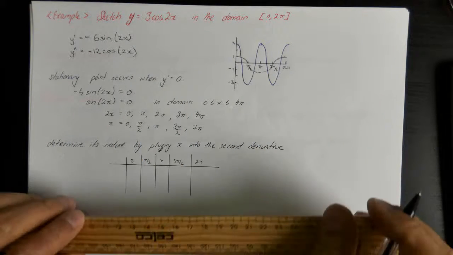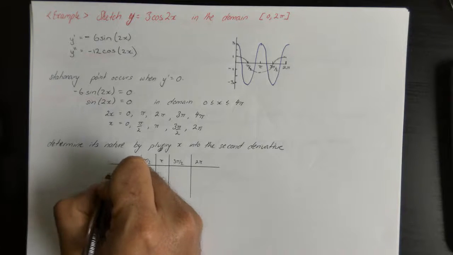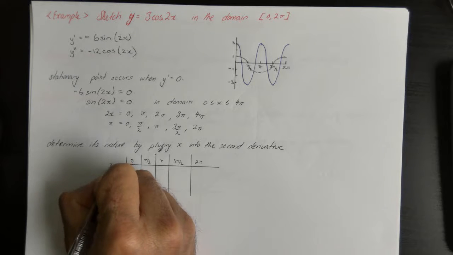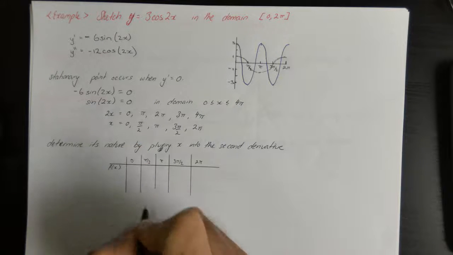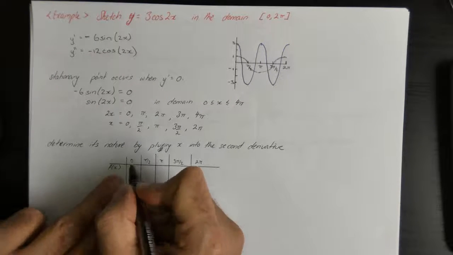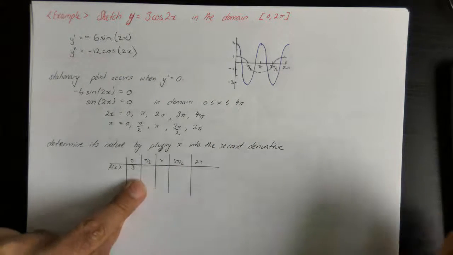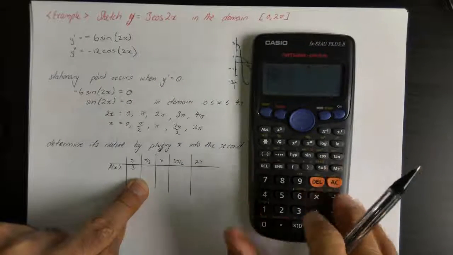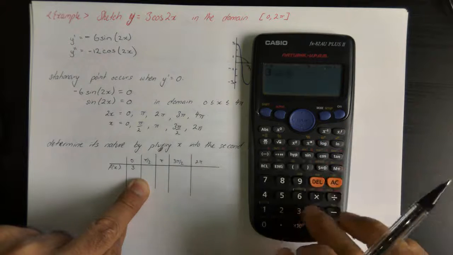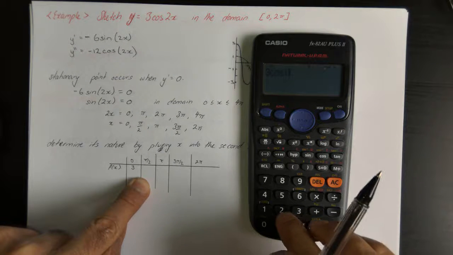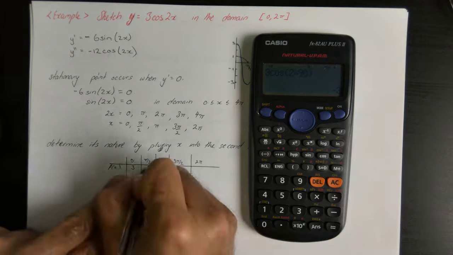Now we can find the y values. Plugging in, 3 cos of 0 is 3, and at pi on 2, it's 3 cos of 2 lots of 90, which is 180, so negative 3.